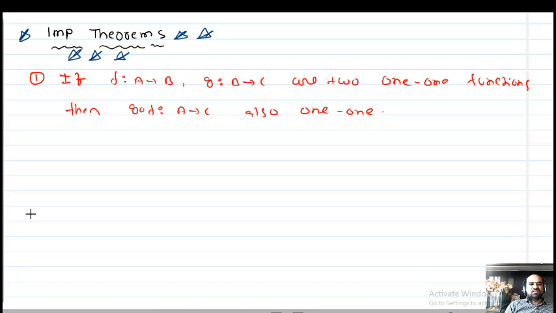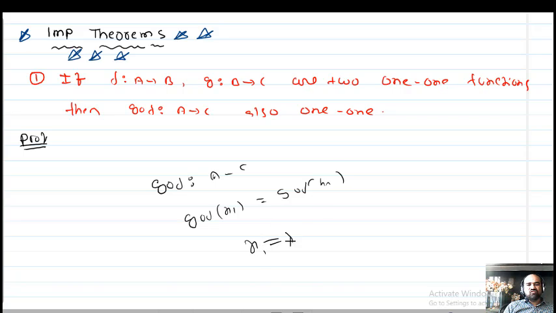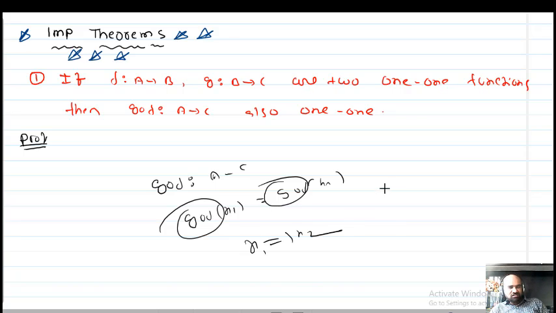Students, listen. Theorems, this one, proofs I want to write. How can I prove? Observe. G circle f from A to C is one-one means g circle f of x1 equal to g circle f of x2. From this you want to prove that x1 equal to x2. Then I can say that g circle f is a one-one function. But the definition is already proved, no. F is said to be a one-one function from one set to another set.